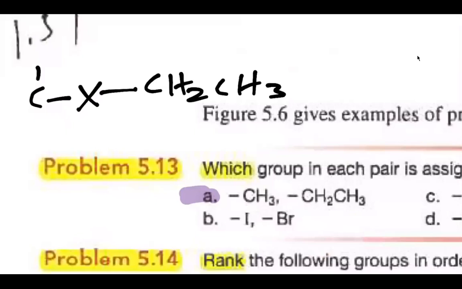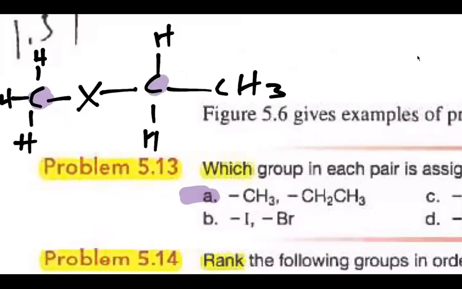The way you determine that is you look at the first atom, which in this case is carbon, and in this case is carbon. You can't determine it because they both have the same atomic number, the same atomic mass. So you go to the next atom.